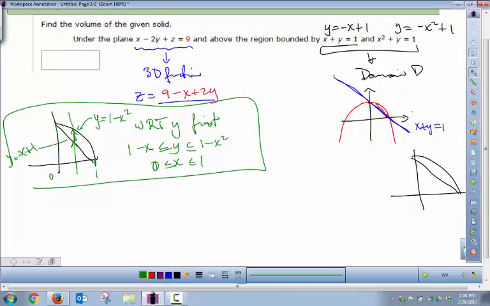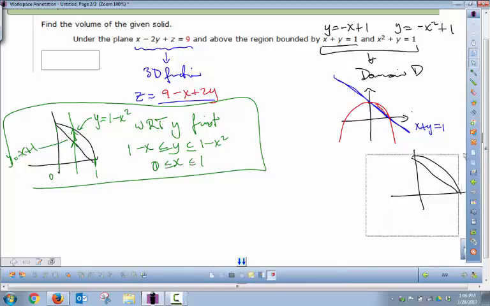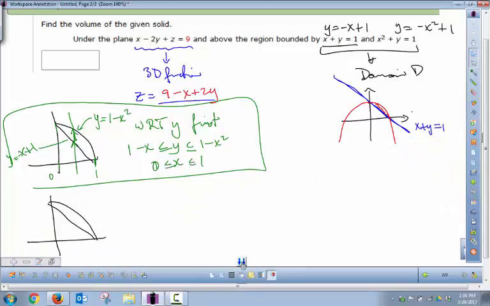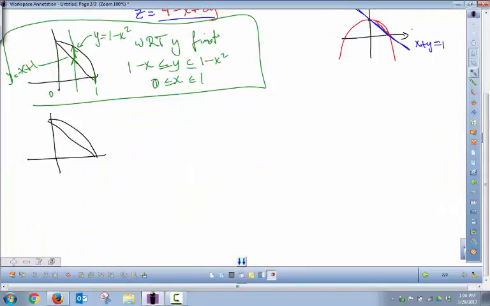Now let's take a look at the other scenario. If we decided that we wanted to integrate with respect to x first, let's see how easy that would turn out. If we do this with respect to x first, we would draw a line parallel to the x-axis.